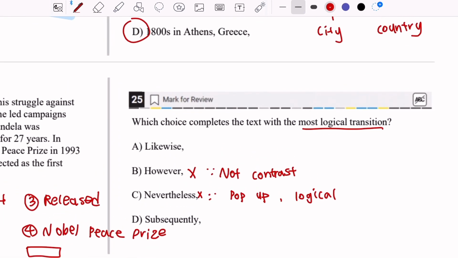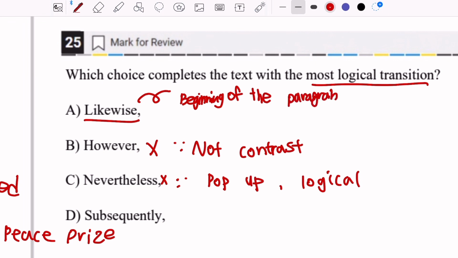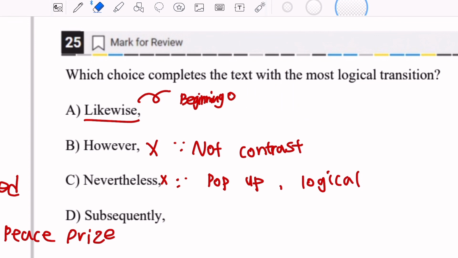Likewise, it doesn't work. Okay, it works. Likewise, when there's the beginning of the paragraph, and I'll just say beginning of the idea, and there's the end of the idea, right?